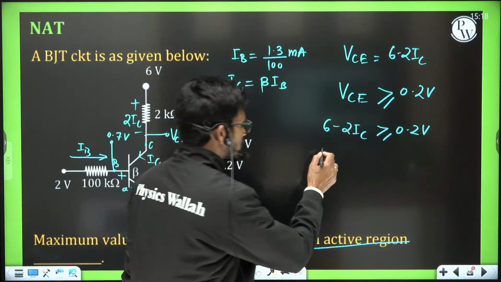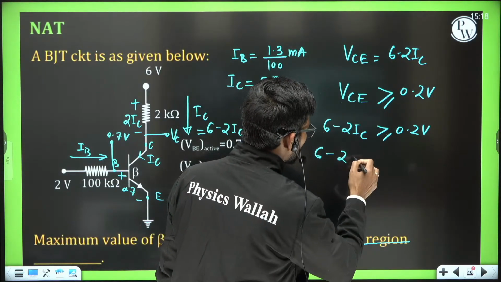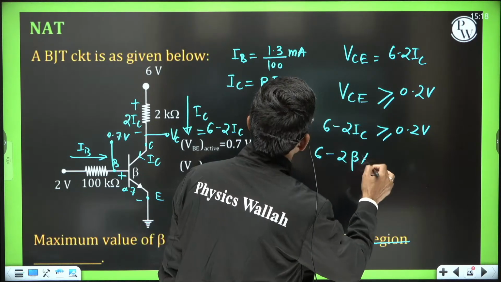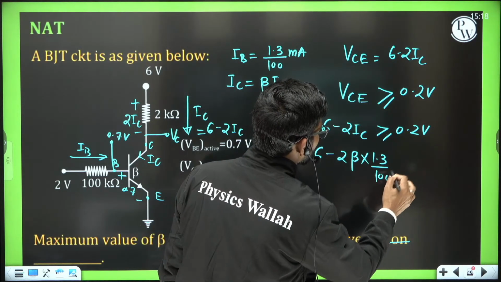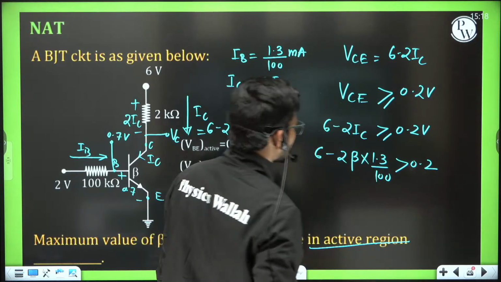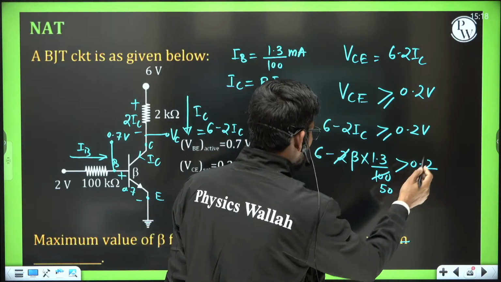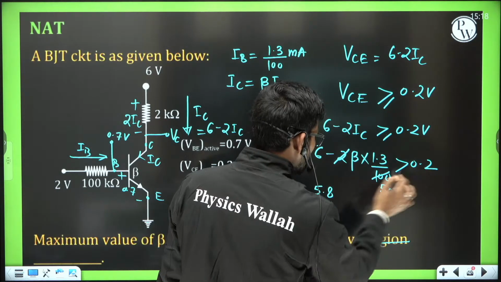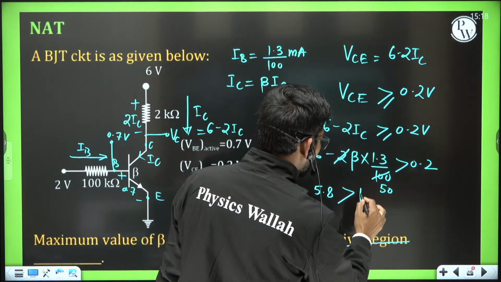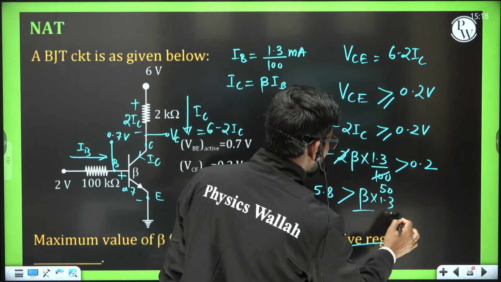Okay. So 6 minus 2 IC is equal to beta into IB. Beta into IB is 1.3 upon 100, and this must be greater than 0.2. So this comes out to be 50. So 5.8 is greater than or equal to beta into 1.3 divided by 50.